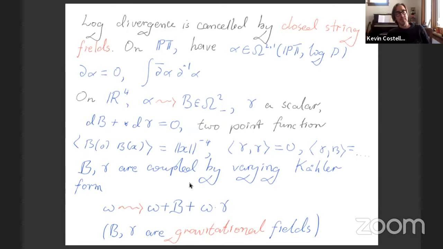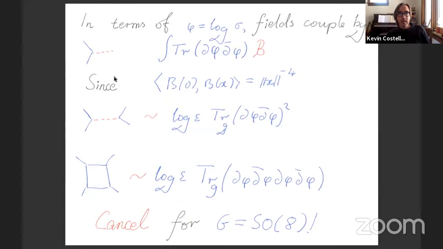Okay, so why did they cancel the log divergence? We look at this term. bb is 1 over the radius to the 4th power. And we look at how they're coupled. If phi is log sigma, I get a term like this, del phi, del bar phi b. And since this is order r to the -4th, I put 2 of them together. Well, I'm doing an integral, you see.